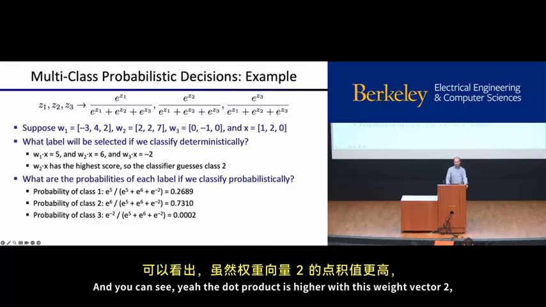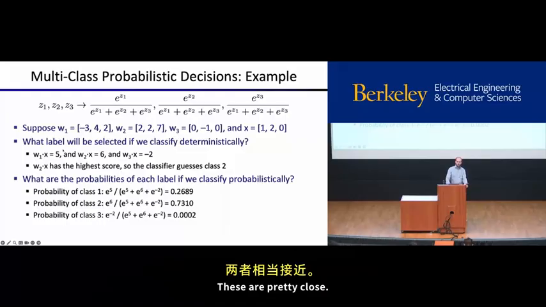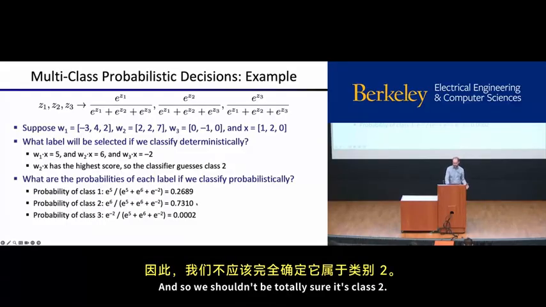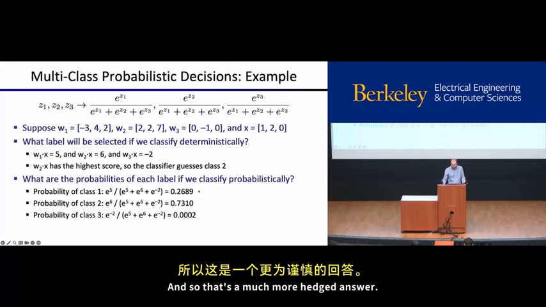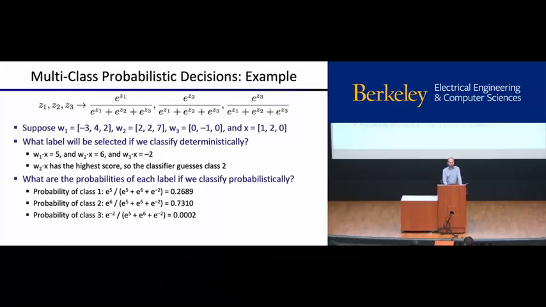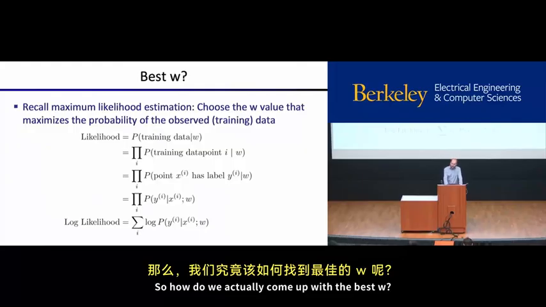And you can see the dot product is higher with weight vector 2, but it's not way higher than weight vector 1. These are pretty close. And so we shouldn't be totally sure it's class 2. Maybe it's class 1. And so that's a much more hedged answer.